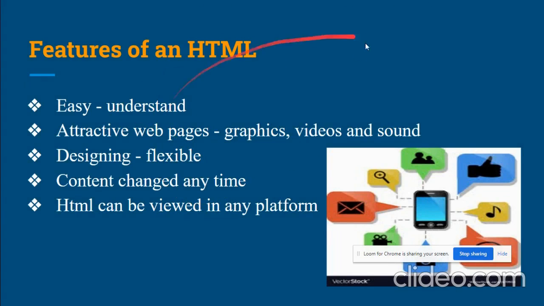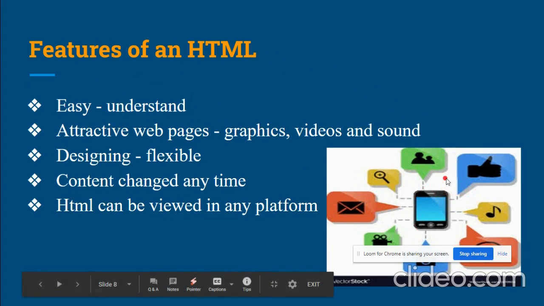Features of HTML. So first key point we are going to see for features of HTML. You have a mobile phone. So in your mobile phone you have lots of features like WhatsApp. WhatsApp is another application. Facebook, music, all these are features of a phone.